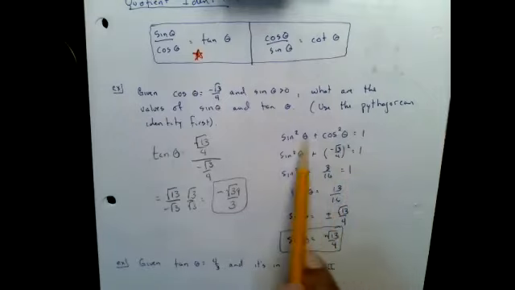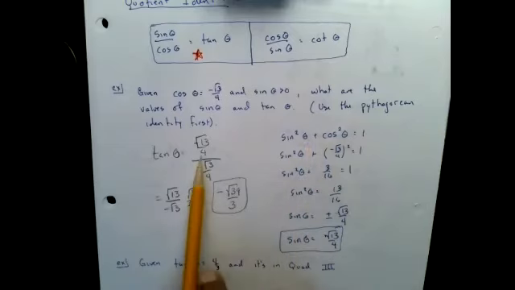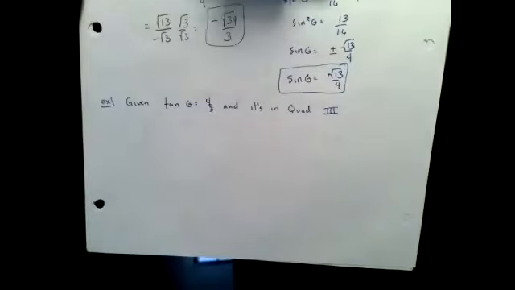Putting all this together, I used an identity to find some things, just building this inventory. Given the tangent is that, and it's in quadrant 3, I guess I should have figured out what the rest of the question is.